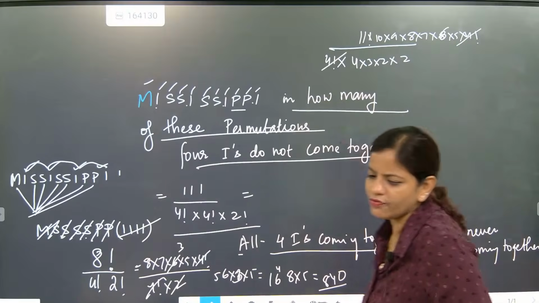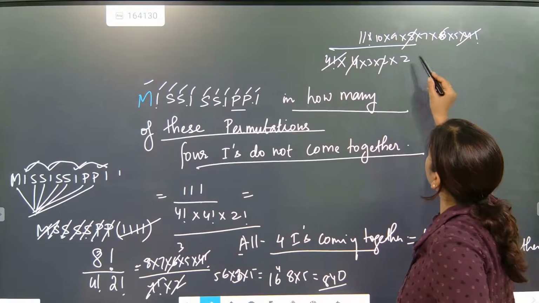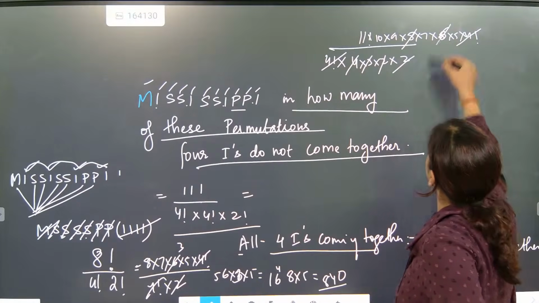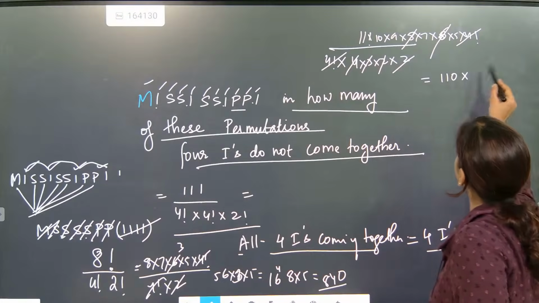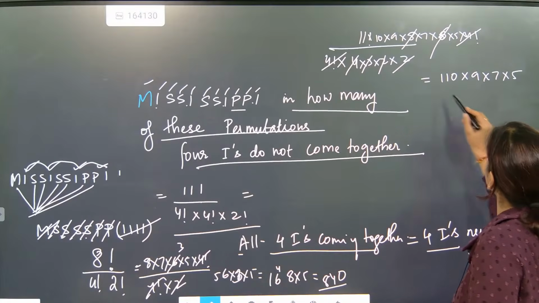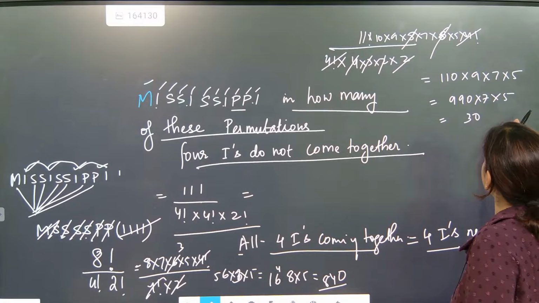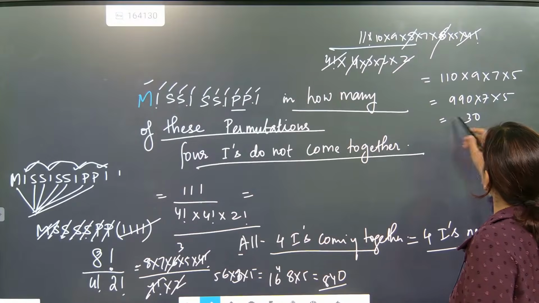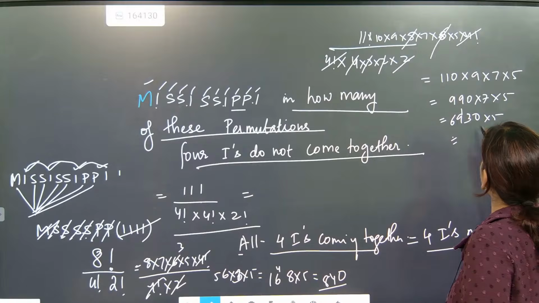So this 4 factorial and 4 factorial will get cancelled. 4 to 8, 8 gone, and then 3 to 6, 6 gone. So what is left is 110 into 9 into 7 into 5. So 990 into 7 into 5. 7 9s are 63, so it is coming as 6930 into 5, which gives 34650.